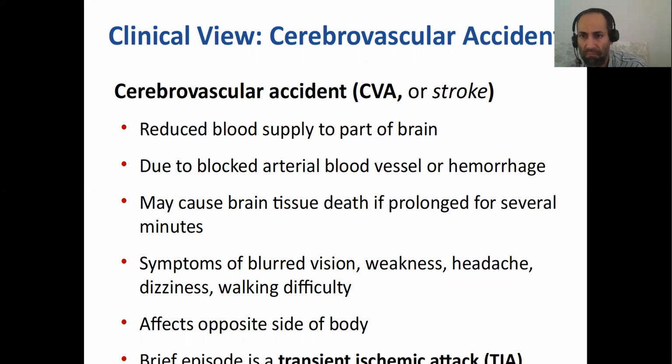And you can get silent strokes where you do not even realize that part of your brain has died out, right? But then you develop some weakness of an arm, or your memory becomes fuzzy, or you start stammering or stuttering, or you forget things. Those kinds of things can happen as well. And stroke, please do know, is the third leading cause of death, morbidity and mortality across the world, right after cancer and heart disease. So it's pretty up there, okay?